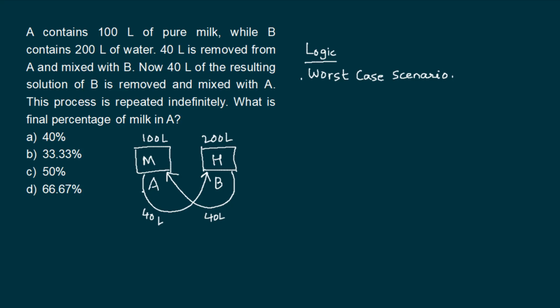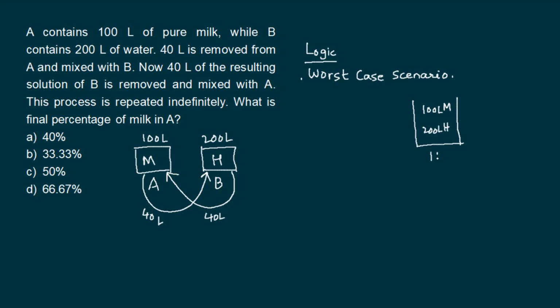Suppose instead of transferring 40 liters, the capacity of jar B is quite large, and I transfer the entire 100 liters into jar B. Then in jar B, I'll have 100 liters of milk and 200 liters of water.